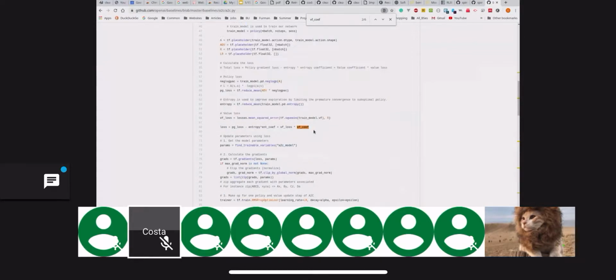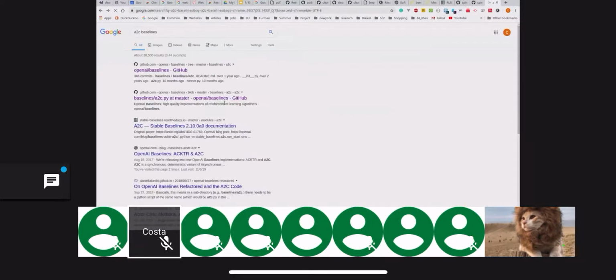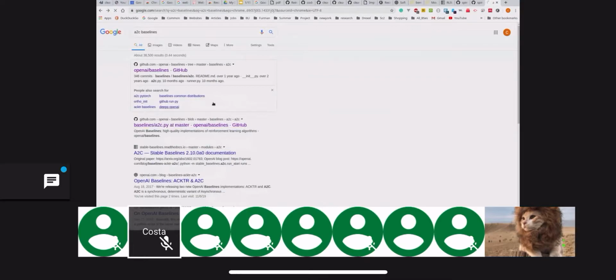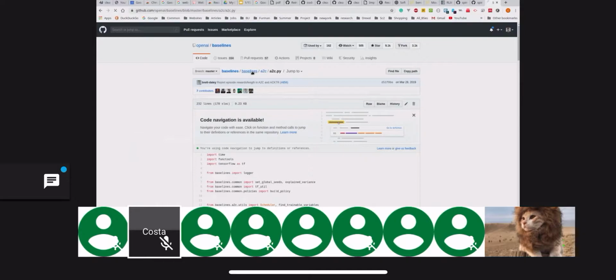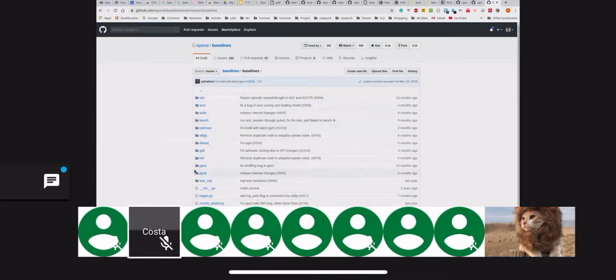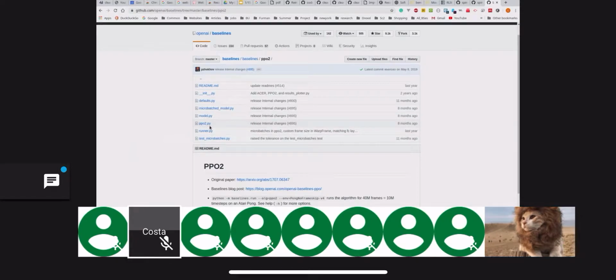This part is sort of copied from the OpenAI implementation. I just did a similar thing with the PPO, but I'm almost positive that it's going to be the same thing. But we can take a look. And it's interesting they have two PPOs. What does that even mean?